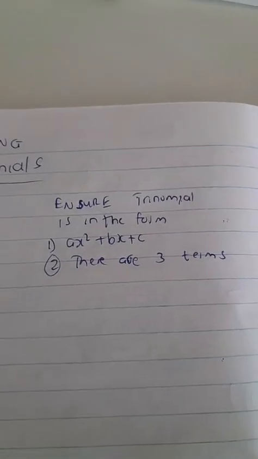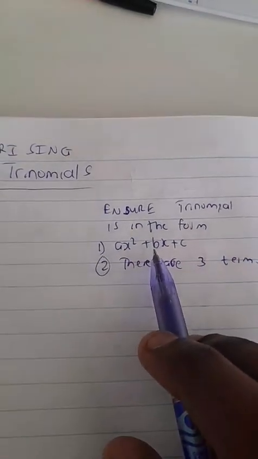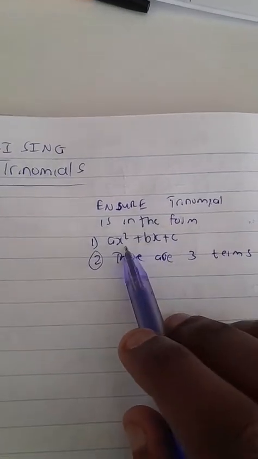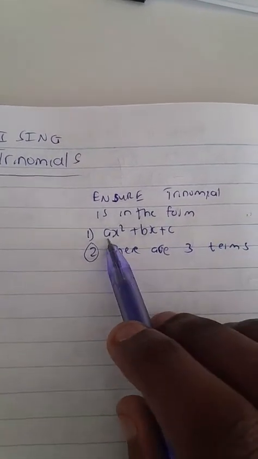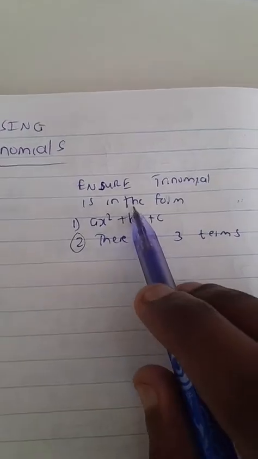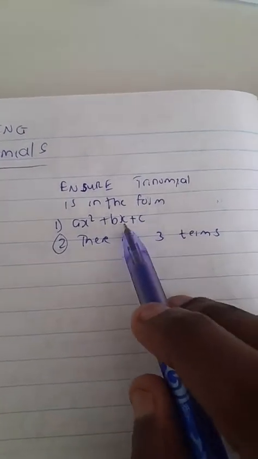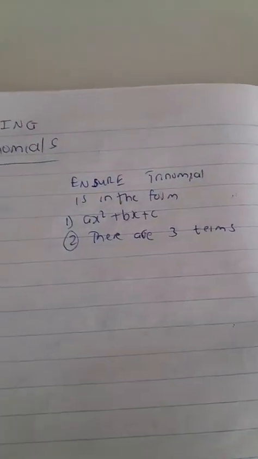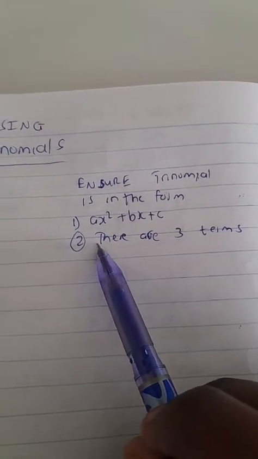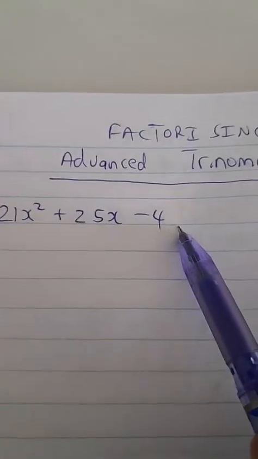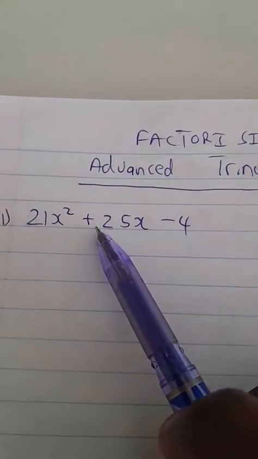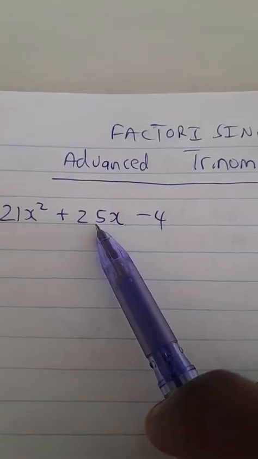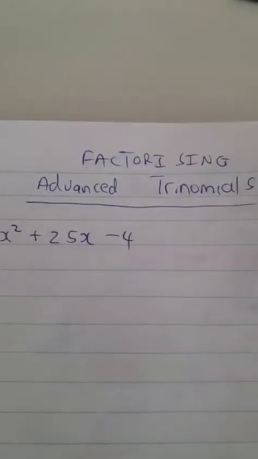So we must make sure that our quadratic trinomial is in this form: ax squared plus bx plus c. Remember, a is the coefficient of x squared, b is the coefficient of x, and c is the constant term. Then we know that there are 3 terms. So there they are, guys: 3 beautiful terms. 21x squared plus 25x minus 4.